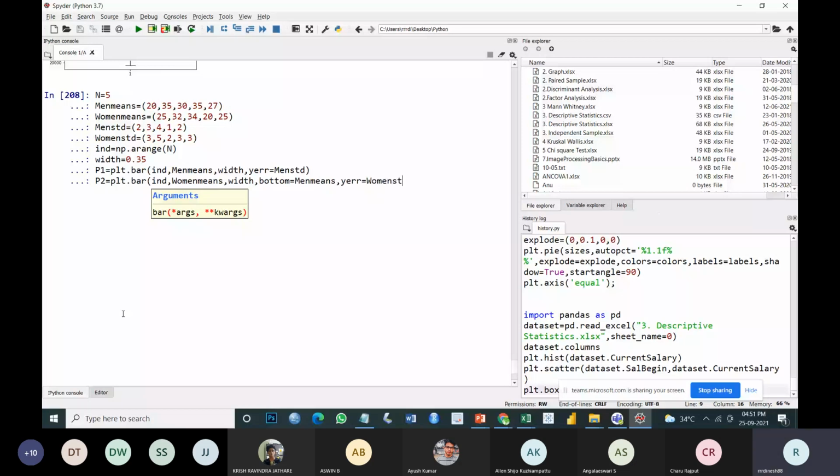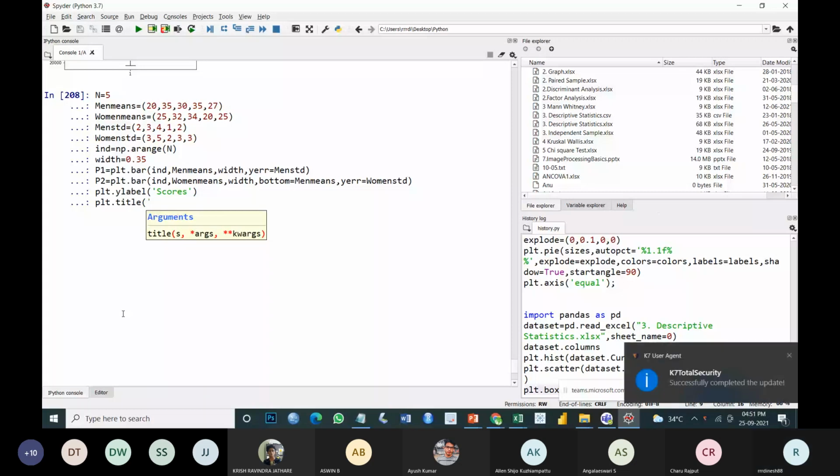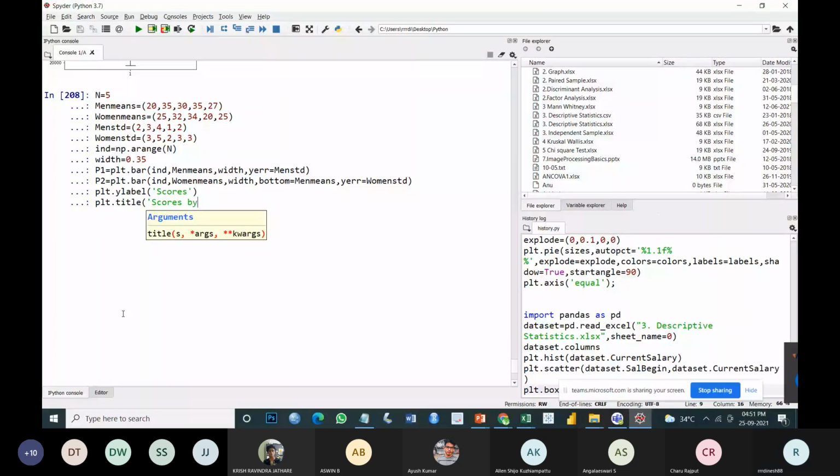Then plt.ylabel of scores. plt.title of scores by group and gender.